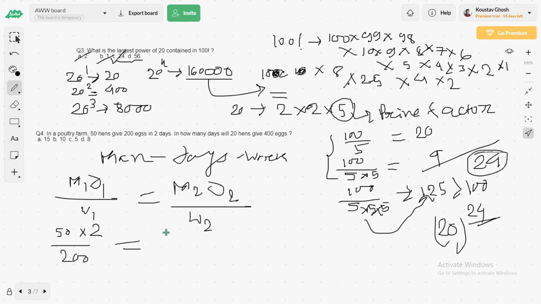M2 is 20, we have to calculate the days, and the work is 400. So D is 50 into 2, that means 100, into 400, by 20 into 200.